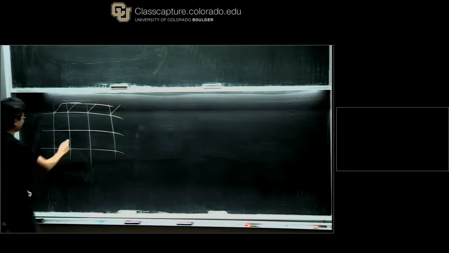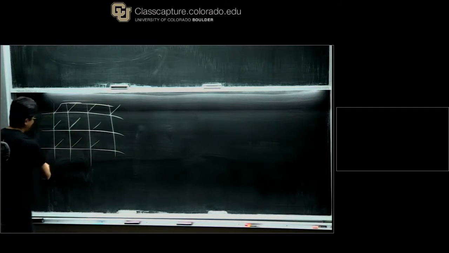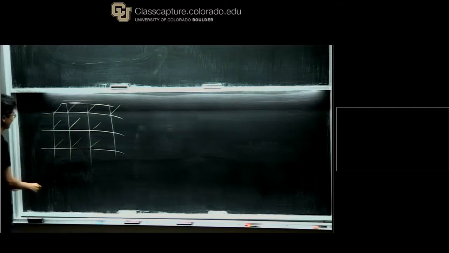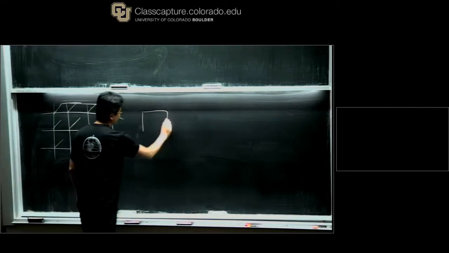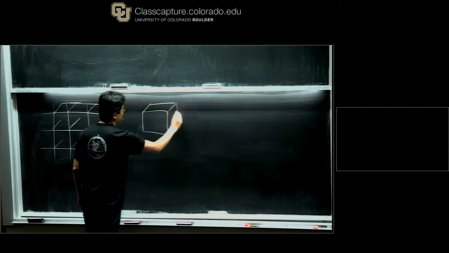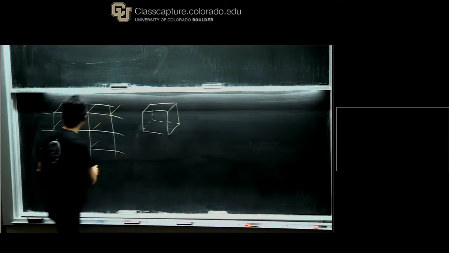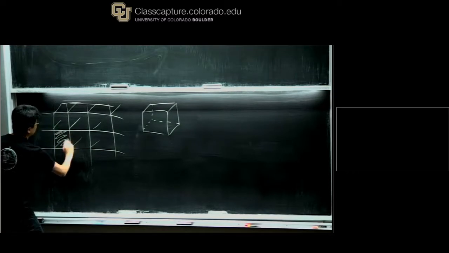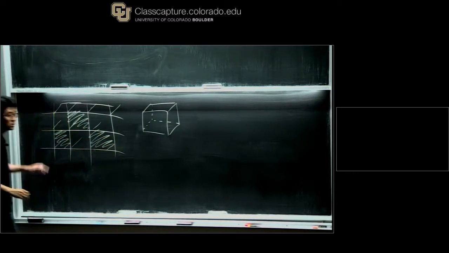I'm trying to draw the simple cubic lattice in 3 dimensions, but I can only go to depth 1. And the rule is that I'm going to define Hamiltonian terms only for the black cubes of my checkerboard.